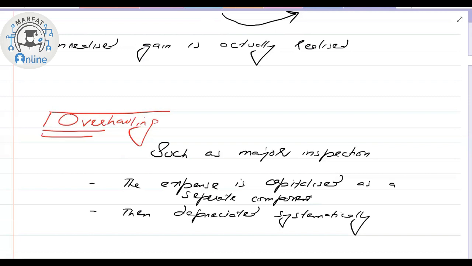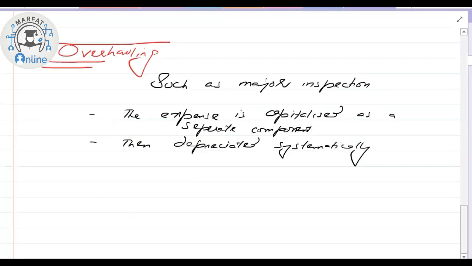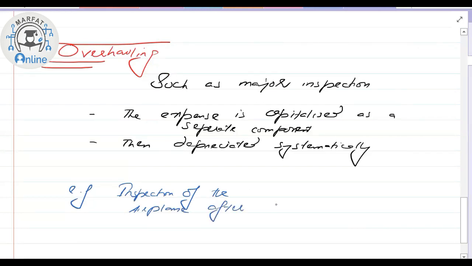For example, they spent $100,000 on the major inspection, and in this year, they have used only 5,000 flying hours. So half of that expenditure will be expensed out. Now let me write this to make it clear. For example, inspection of the airplane after 10,000 flying hours.